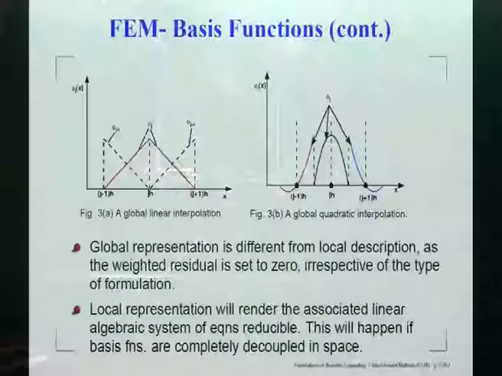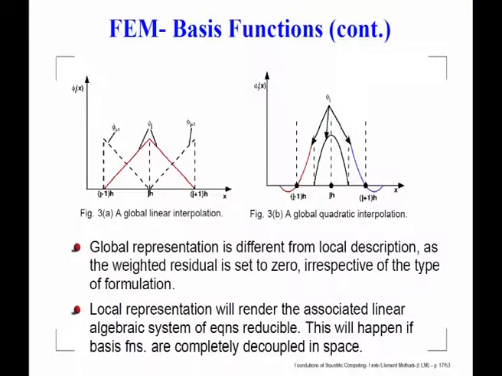The global representation is given by this red line, whereas the local representations were what we earlier talked about. It is something like encapsulated between j and j plus 1th node itself.